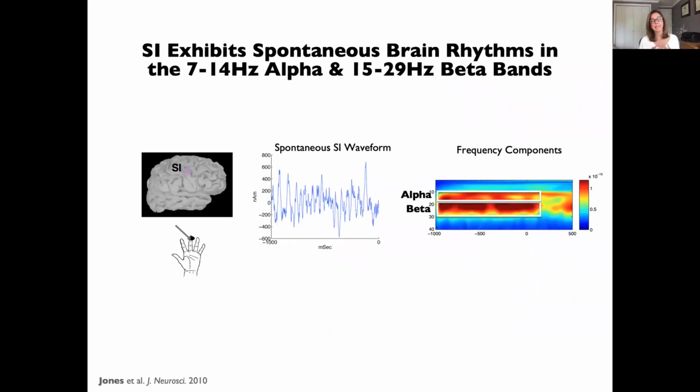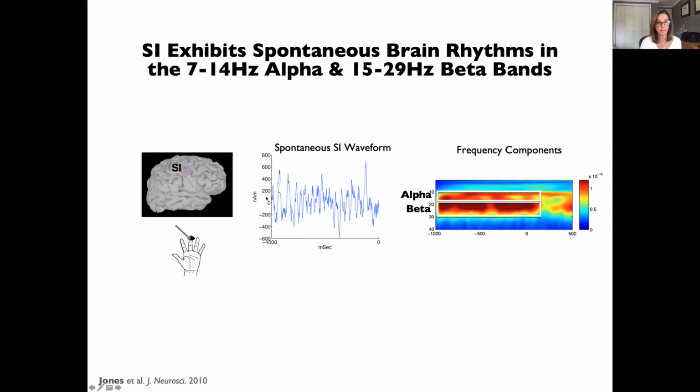And so I'd like to begin with some background motivation for our non-invasive brain stimulation experiments. So in addition to looking at properties of the evoked response, we've been investigating how brain rhythms impact somatosensory perception. And so what I'm showing you here is during the same tactile detection experiment, we're looking at the spontaneous signal from the hand area of S1 before we tap the finger.